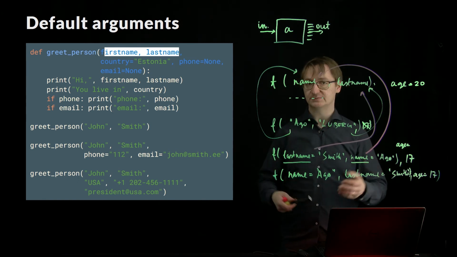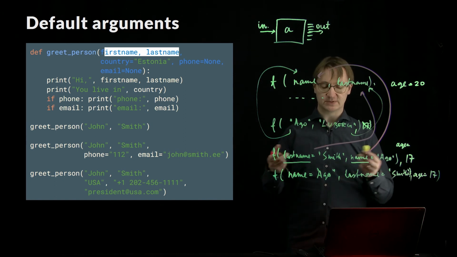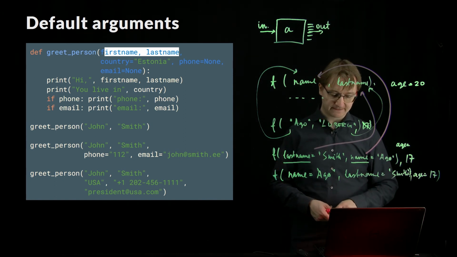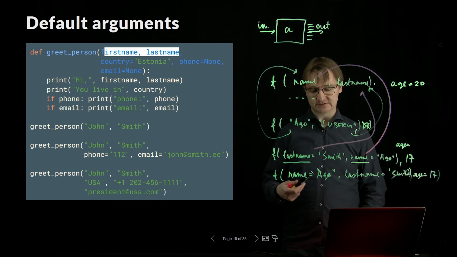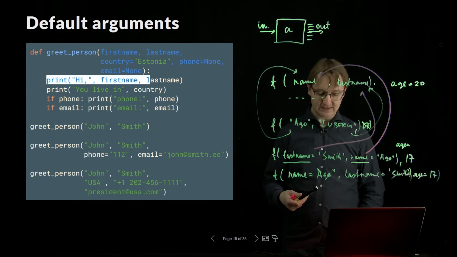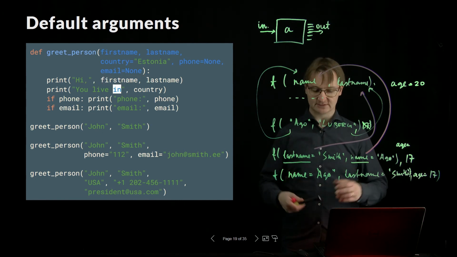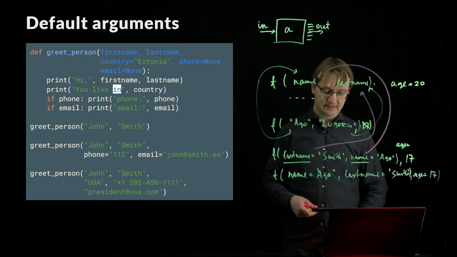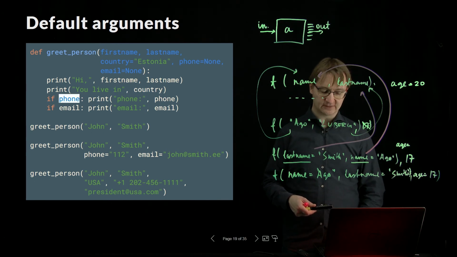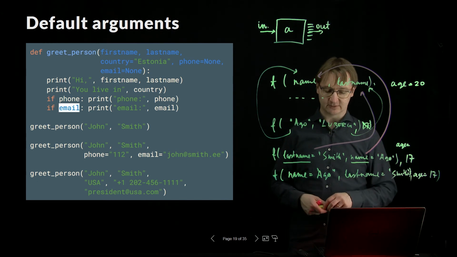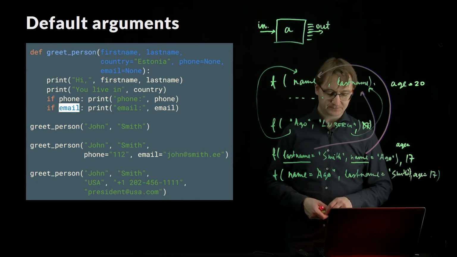None is a special value to specify nothing, basically. And the code prints out hi and the name, then it prints out the location where this person lives. And then if the phone is specified, it will print out the phone, and if the email is specified, it will print out the email also.